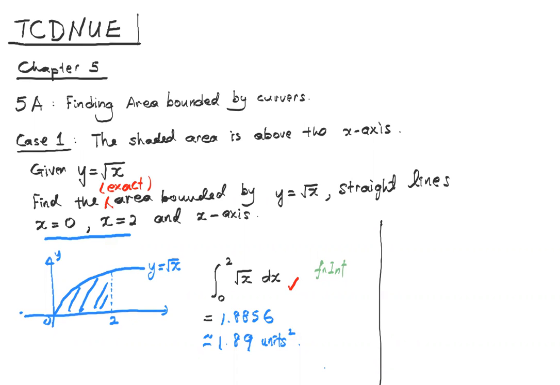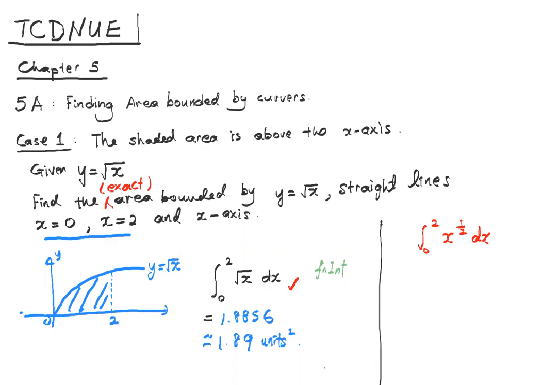I'm not saying this is the exact area yet. You see, I put in black. I told you if the question wants exact. If the question wants exact area, we have no choice but to do integration. So what you need to do is, if the question wants exact, you have to integrate from 0 to 2, x to the power half dx.